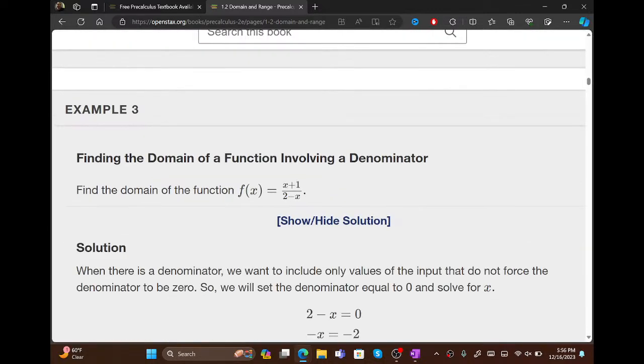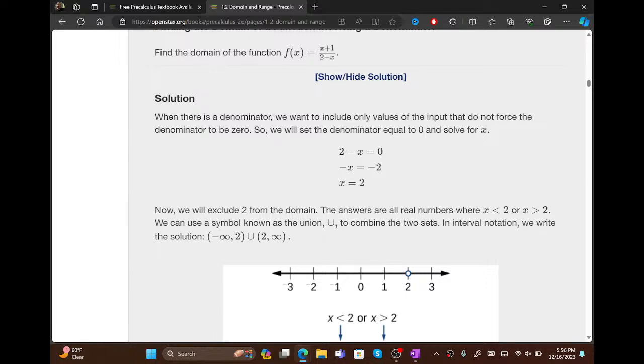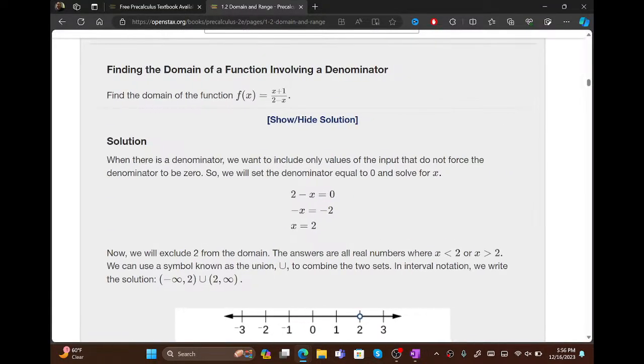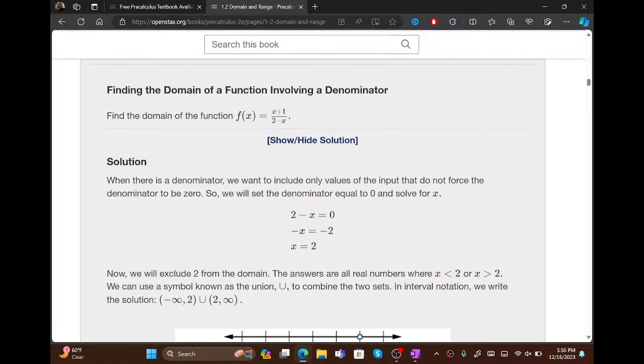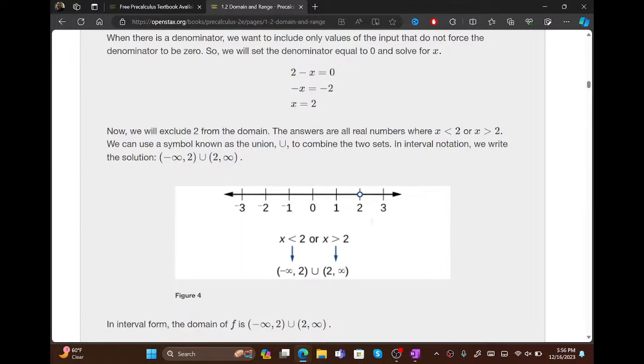And if we look in very carefully, we know that x cannot be equal to 2, right? As it says here, we want to exclude 2 from the domain, and it's all real numbers where x is either less than 2 or greater than 2. It's not equal to 2 at all. So it would be negative infinity to 2 union 2 to infinity.